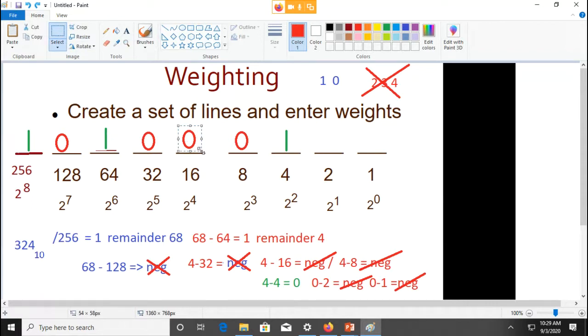So if we put zeros here, and we put zeros in here.